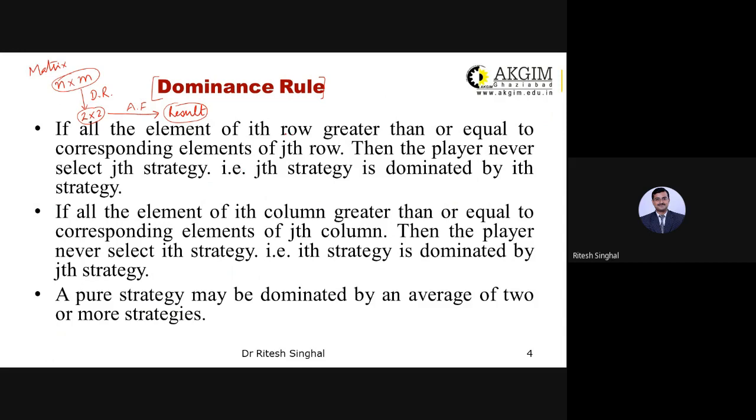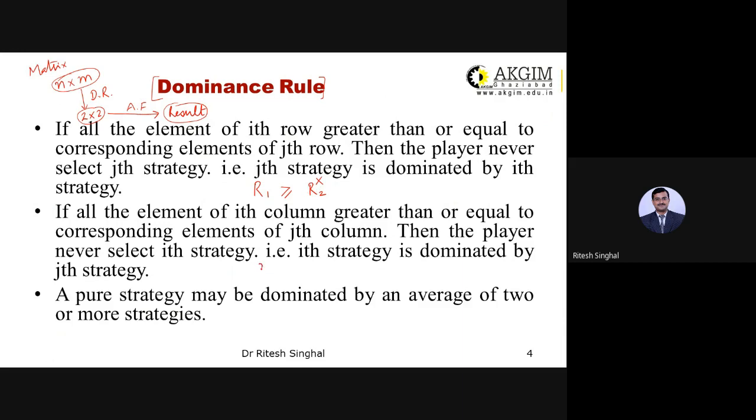Dominance rule means here we compare two rows, that is the two strategies of player 1, and if suppose the first row is greater than or equal to the second row, then we usually remove the strategy which has lower values, or the row which has lower values.